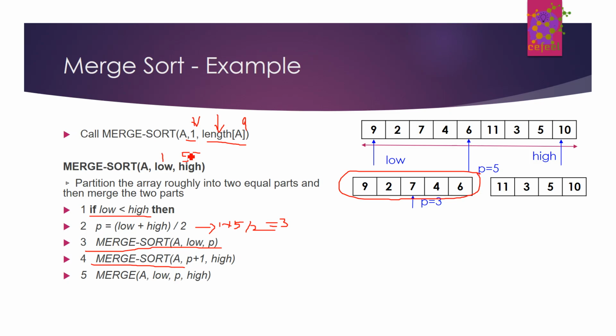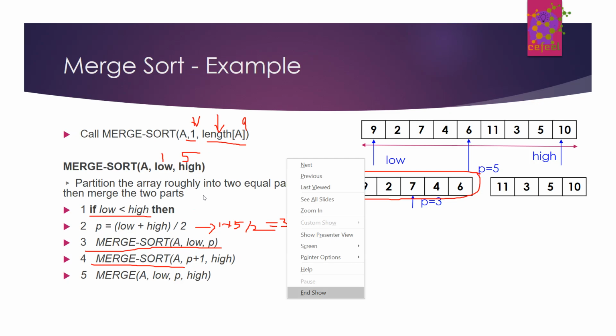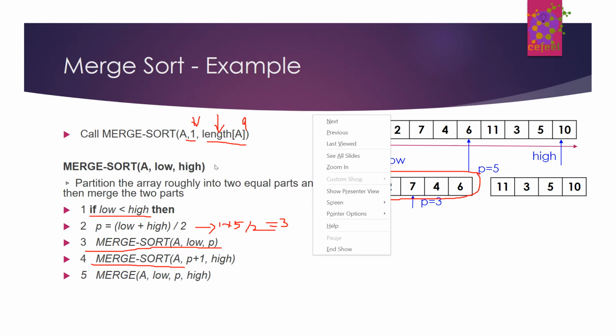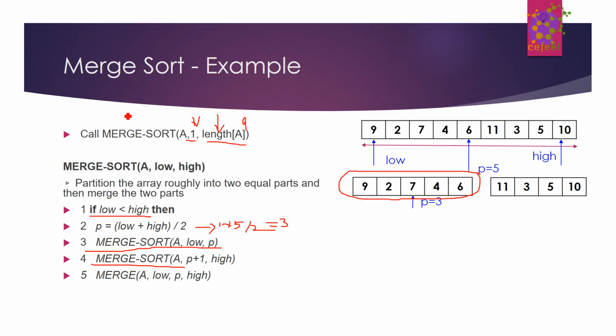Similarly, on the other part of the array where we have 11, 3, 5, 10, we will have low as 6 and high as 10. Still low is less than high.